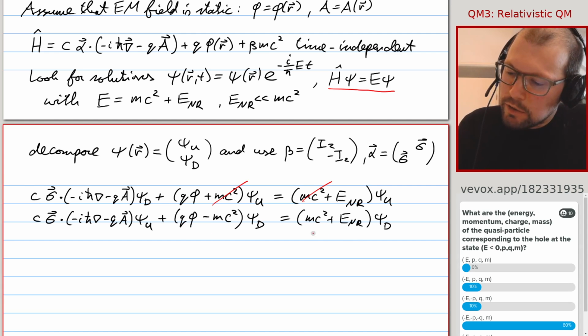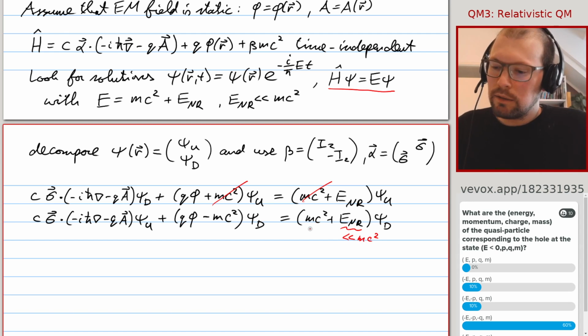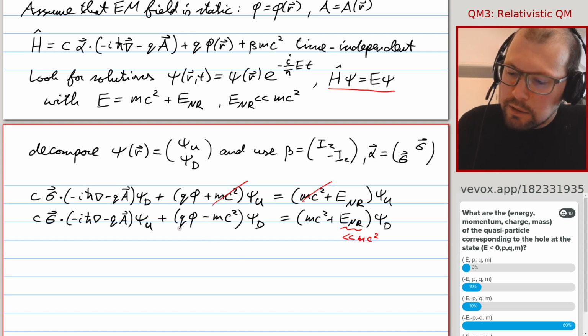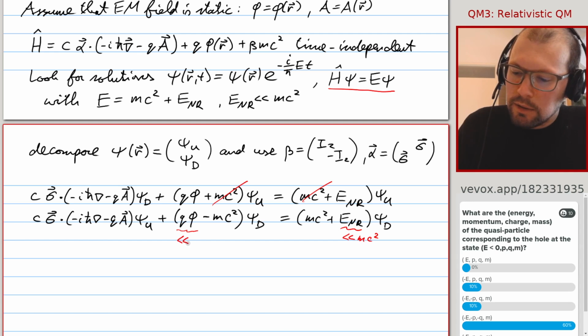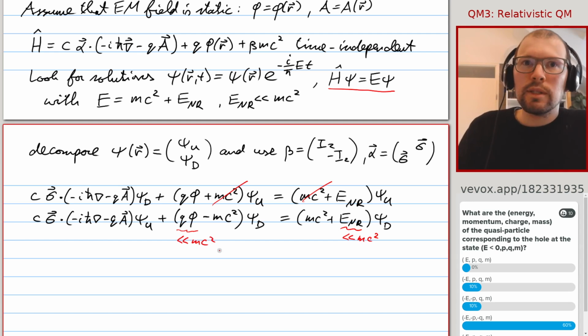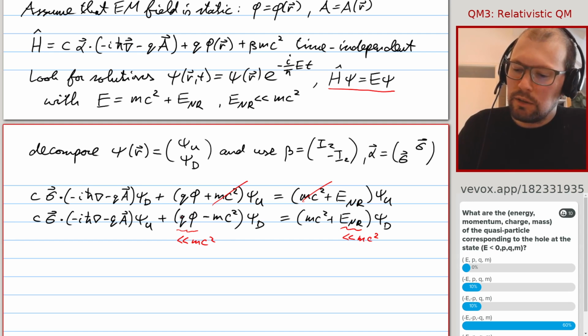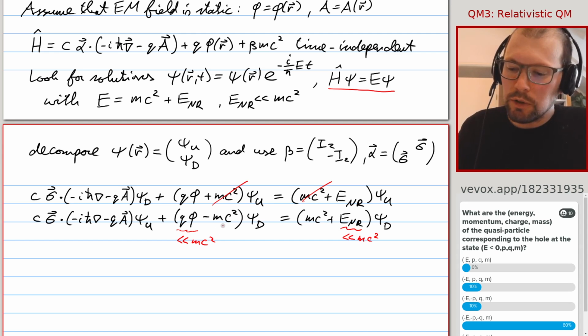The other thing we notice is that this part is much smaller than the rest energy, and this part as well. So the potential energy of the electric field is also assumed to be much smaller than mc squared.